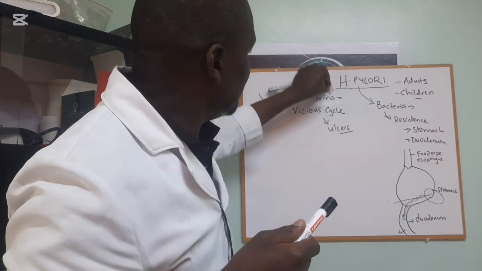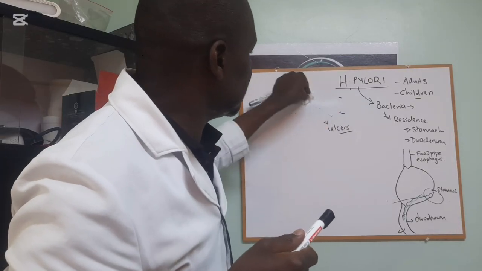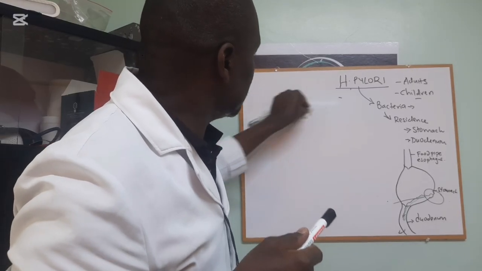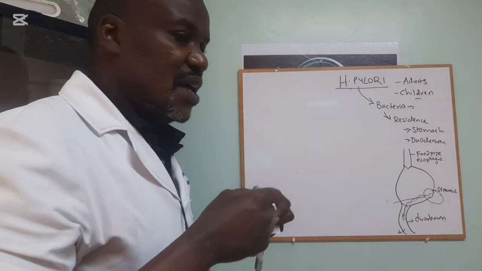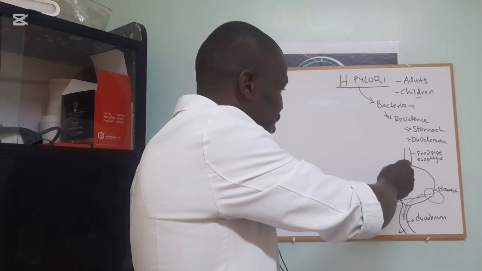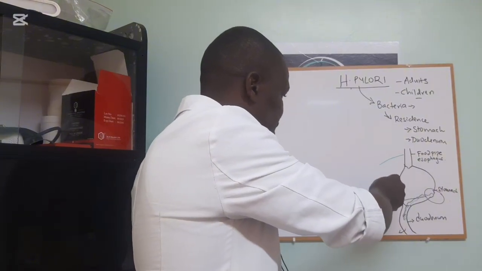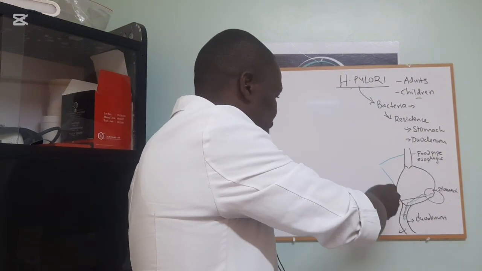So once you've ingested H. pylori and it has found its way into the stomach and it has started proliferating, what symptoms will you have? The symptoms that you are going to have relate to whatever is happening in the food pipe, in the stomach, and in the first part of the duodenum.